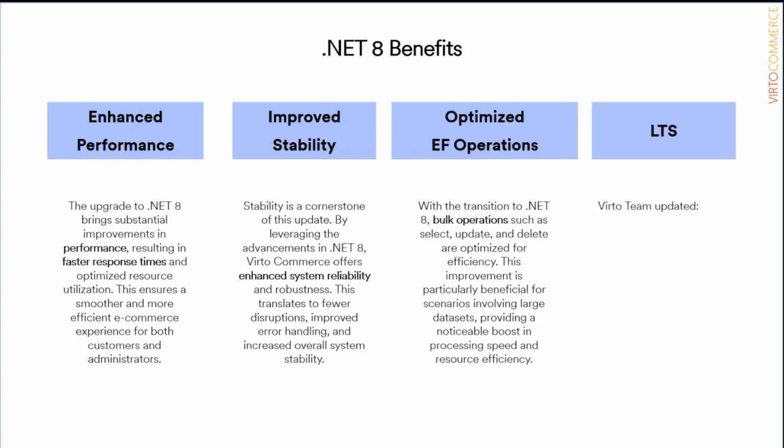For me and for our team, the primary major benefits of .NET 8 are updated and optimized Entity Framework operations with bulk operation mode. It allows executing select, update, and delete operations in an optimized way. It's improved because it is now launched as a bulk operation.